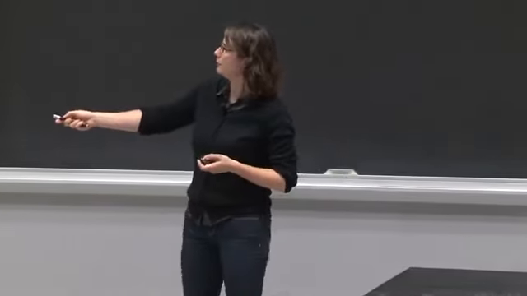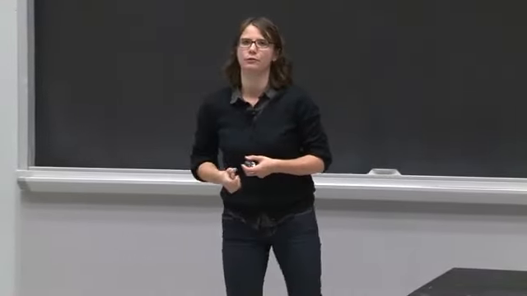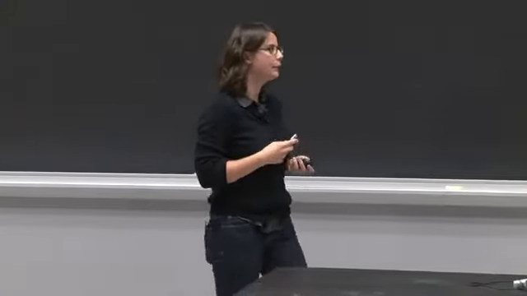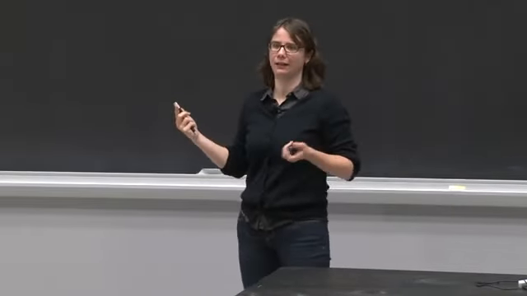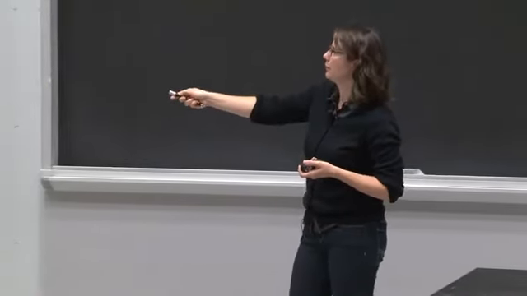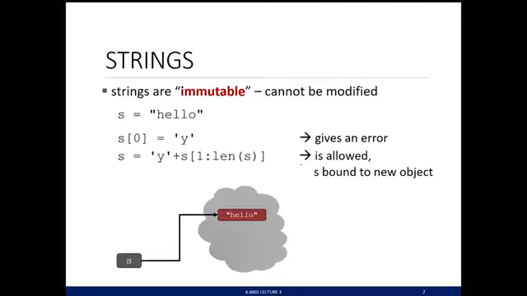If you want the variable s to point to the string yello, you could just say s is equal to yello, or you could do string operations like this, and this takes the y, and it concatenates it to the string s, all of the elements starting from position 1, which is ello. So this makes yello.